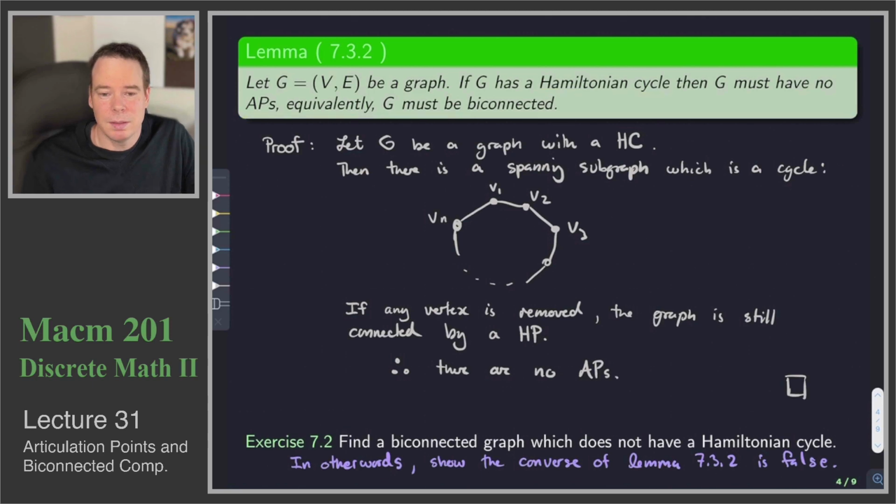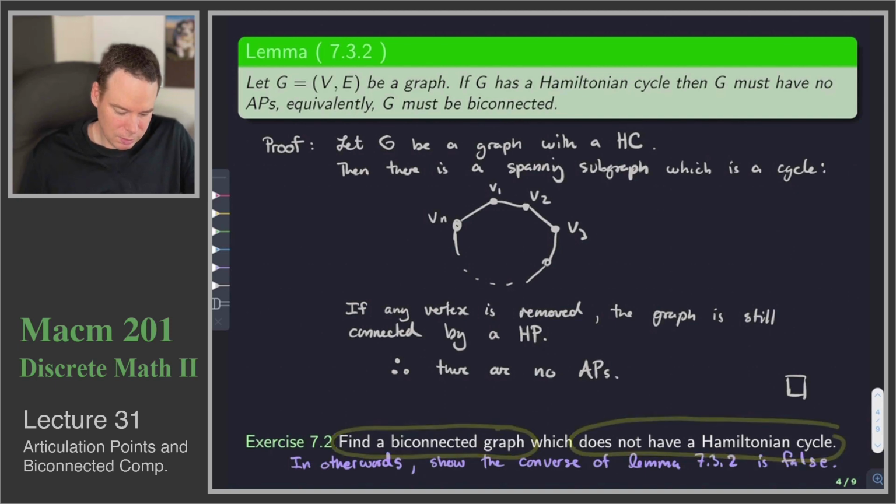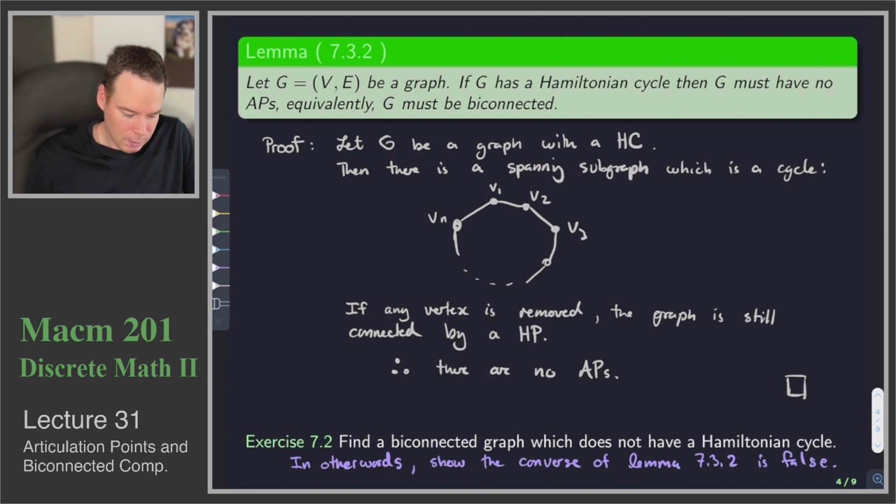We want to show that that is not a sufficient condition. Having no APs is not enough to guarantee there's a Hamiltonian cycle. So to show that, find a graph with no APs and show that it does not have a Hamiltonian cycle. I'll leave you to ponder that one.